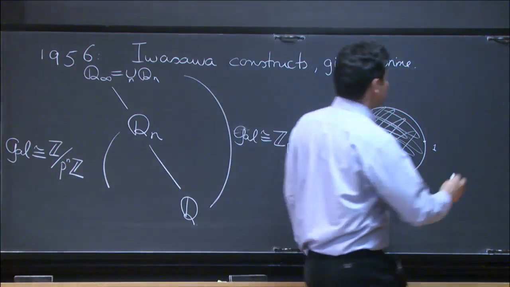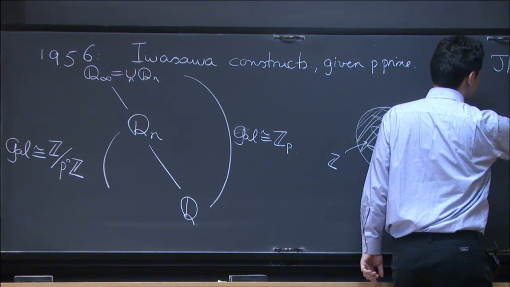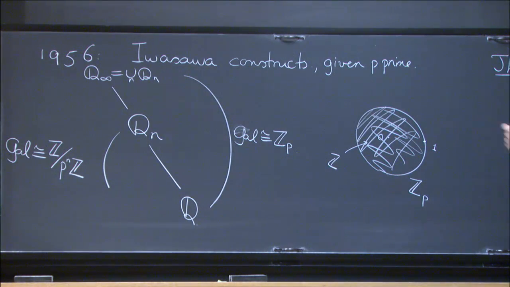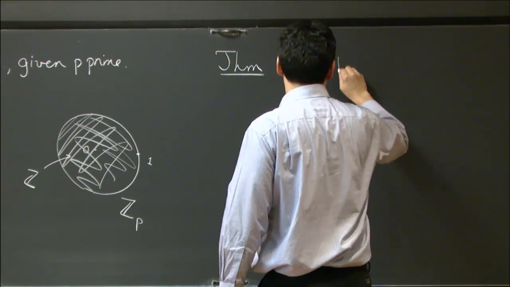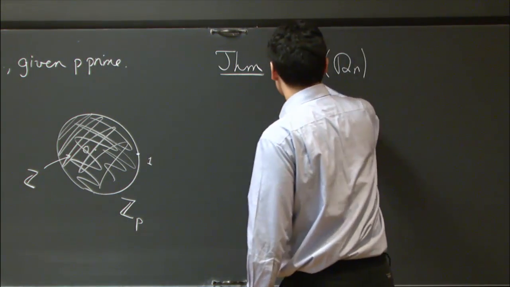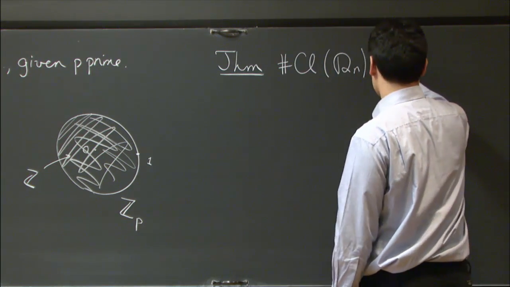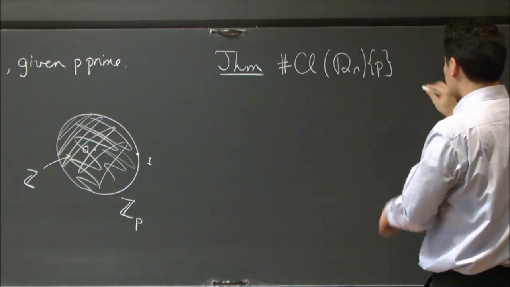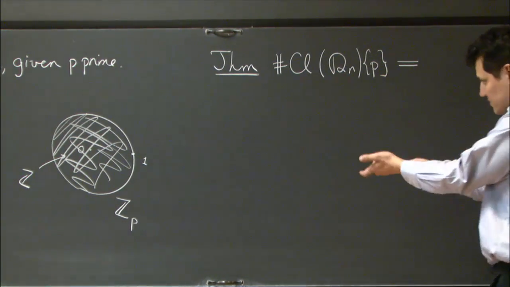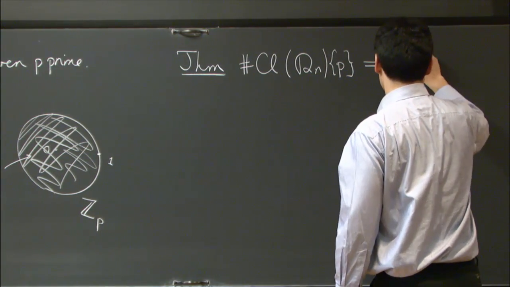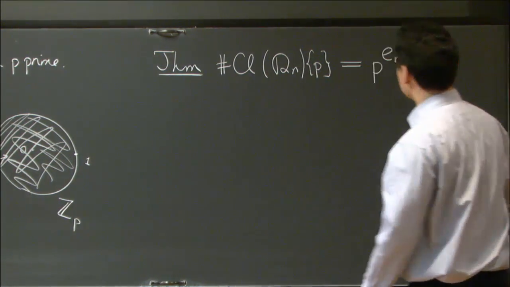And here's his theorem. It says, if you look at the class group of Qn, and you look at just the p part, the p primary part, well, then the size is just the p power of whatever the size of the class group of Qn was. So let's denote this by p raised to the e sub n.